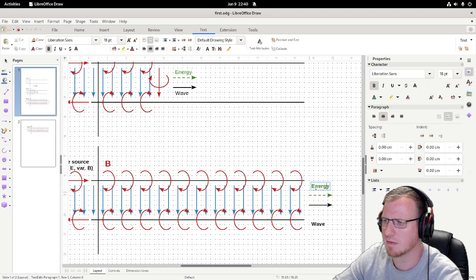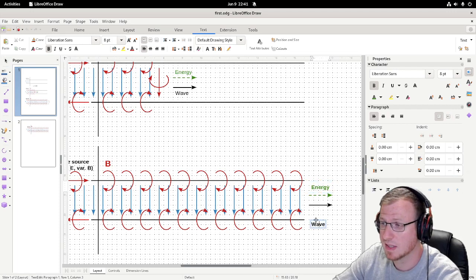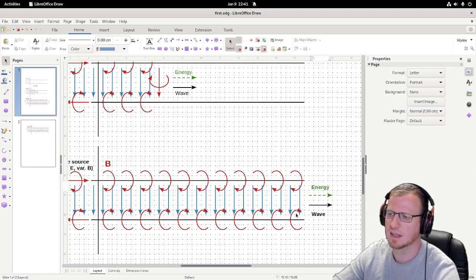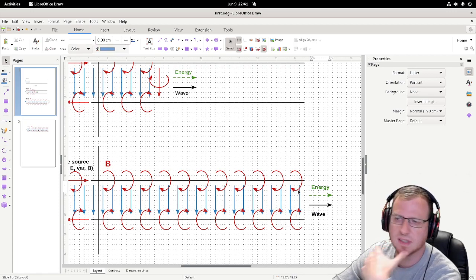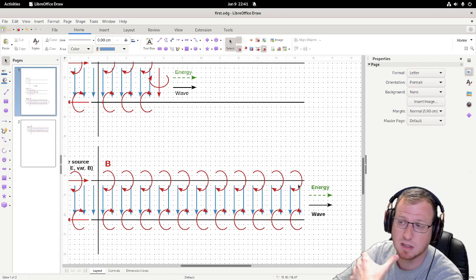There is an energy flow still happening, because as we can see, we still have an electric field and a magnetic field. And as long as we have both, there is energy flowing.